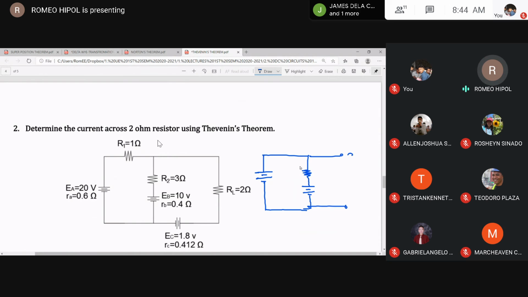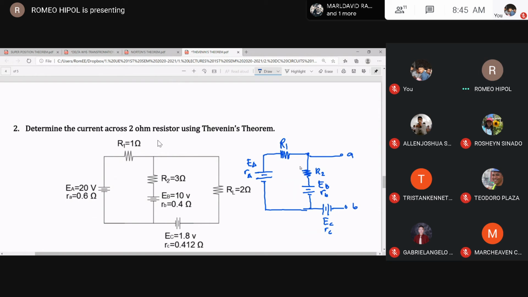So, we have the terminal A, terminal B. Isa tayo ng RC, isa A, RA, R2, EB, and RB. So, we have the R sub 1. So, in this case, ano yung gagawin natin?